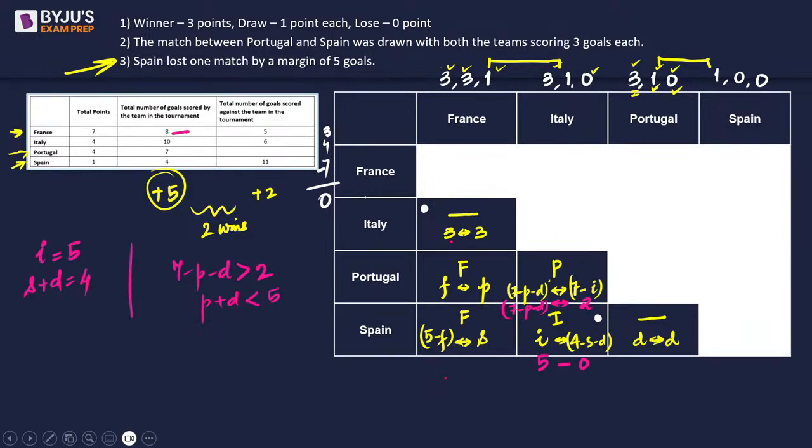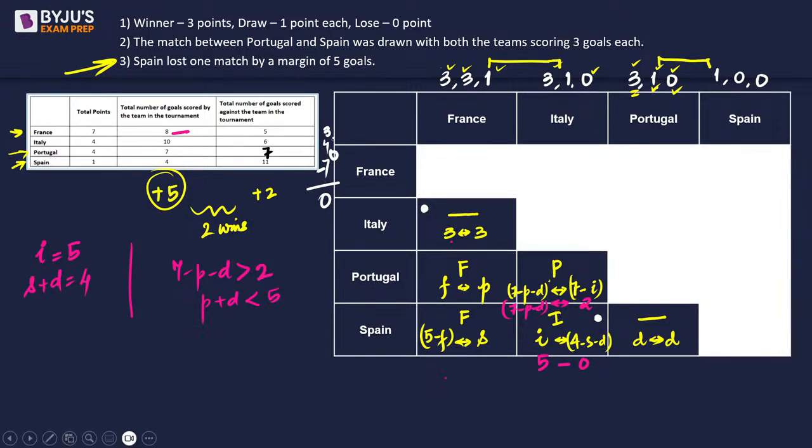The overall sum of goal differences should be 0. So 8 minus 5 is 3, 10 minus 6 is 4, 4 minus 11 is minus 7. तो ये हमारा already 0 है. So this should also be 0 against Portugal. यानी कि the number of goals against Portugal is going to be 7, right? So that 7 minus 7 is 0. ठीक है?